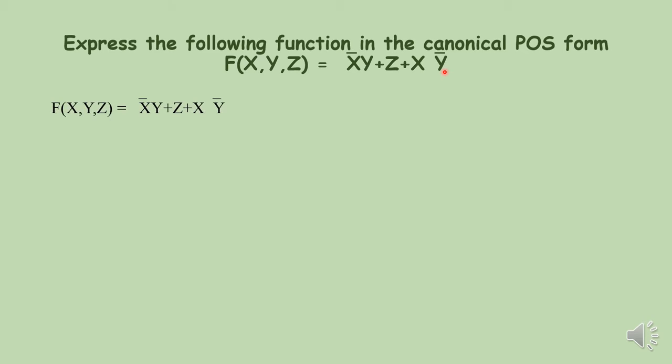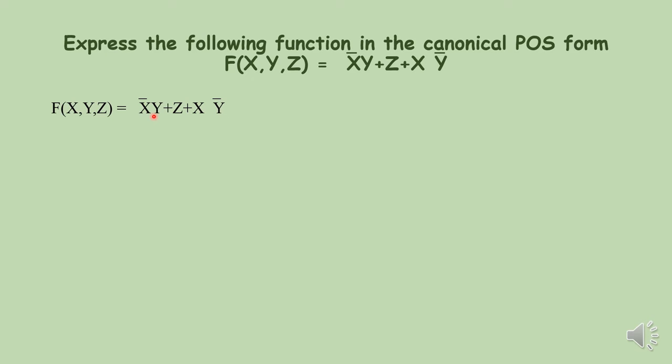Our first step is repeating the equation once again: f of x, y, z is equal to x bar y plus z plus x y bar. It is a non-canonical SOP form.